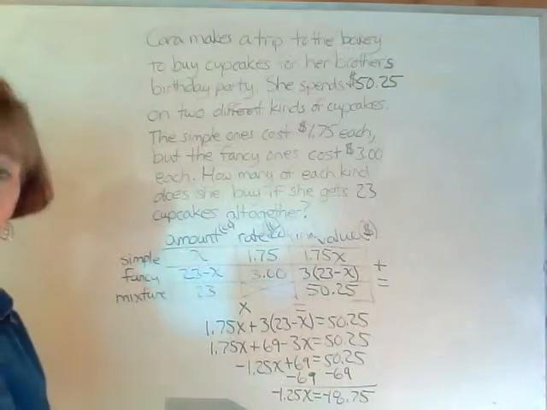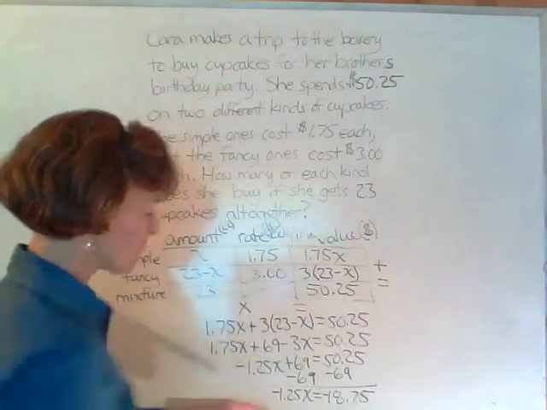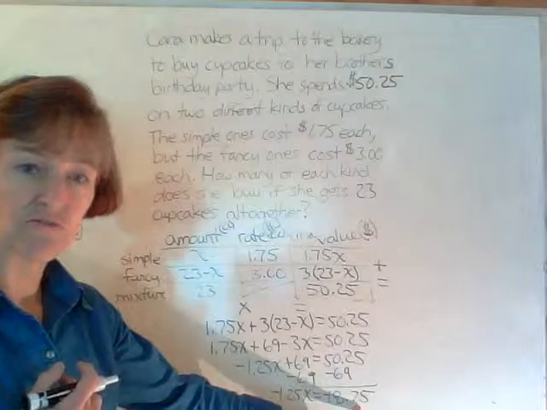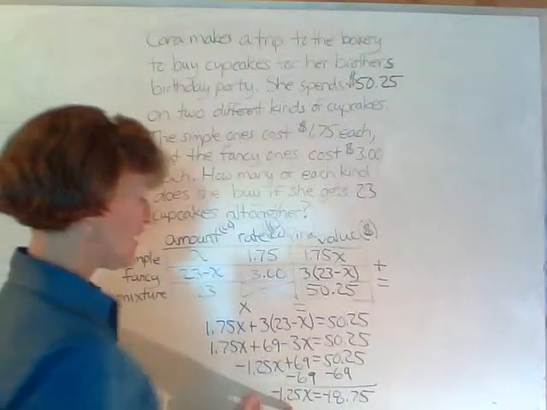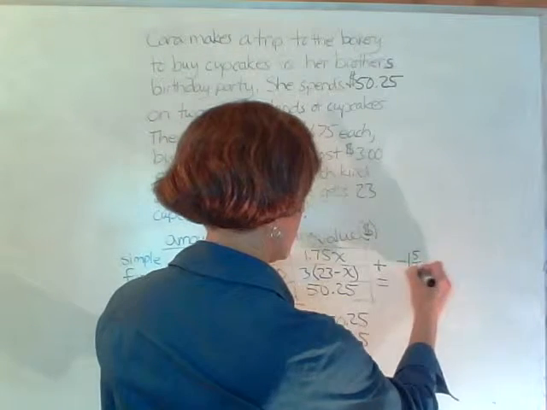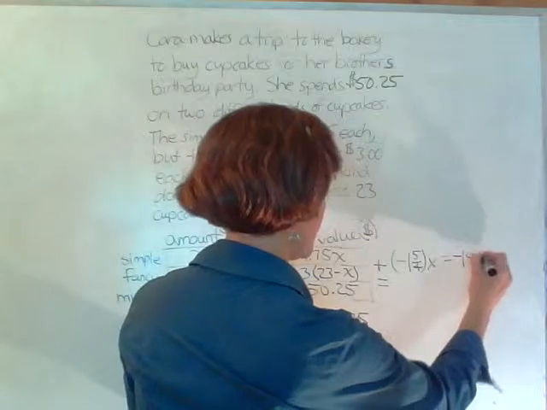Now I am not using a calculator right now, so I'm going to rewrite that a little differently. I'm going to do this in fractions because 0.25 is a fourth, 0.75 is 3/4. So I can make this negative 1 1/4 x, and I can make this negative 18 3/4.